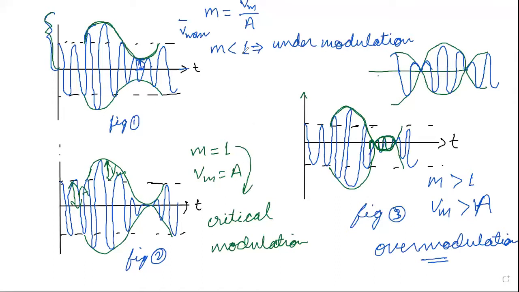For proper detection, we can use under modulation as well as critical modulation, but we cannot use over modulation. This is omitted because in this case we cannot detect the signal properly. There is a change in the shape of the signal.